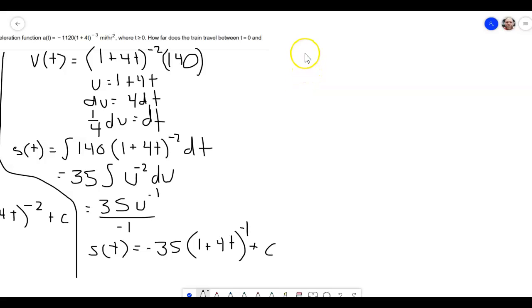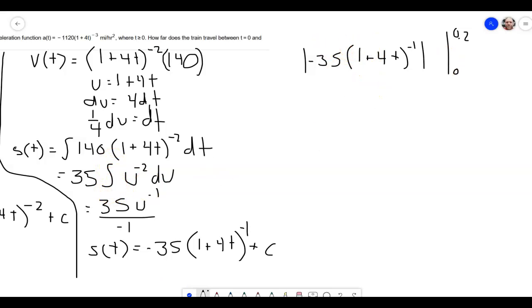So really, remember, when we're talking about distance, it's the absolute value of negative 35 times (1 plus 4t) raised to the negative 1, going from 0 to 0.2. And then we're also going to do from 0.2 to 0.4. So when finding the distance, we put it in the absolute value. And that's really doing this one up here, evaluating it from 0 to 0.2.